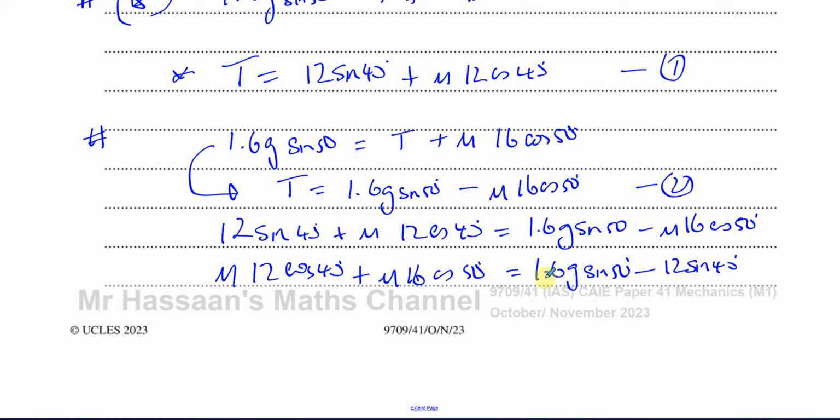This 1.6g, I can just call 16, so that's 16 sine 50. I don't know why I was calling it 16g. It's 1.6g, so 16 sine 50. It's not wrong to do that. I don't need to put the g there once I know it's 10.